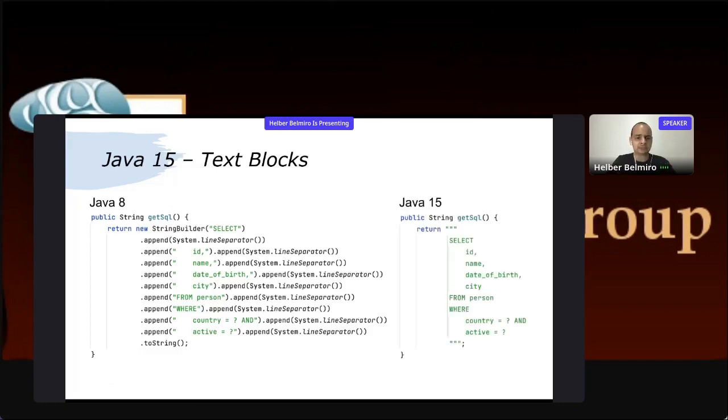With Java 15, I just create a text block which is delimited by 3 quotes, and I just write the string, and I can break the lines and do the indentation, and the string will keep all the break lines and all the indentation. So pretty much cleaner than this very verbose code from Java 8.